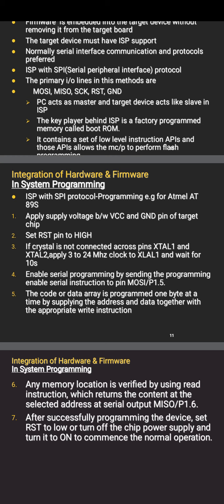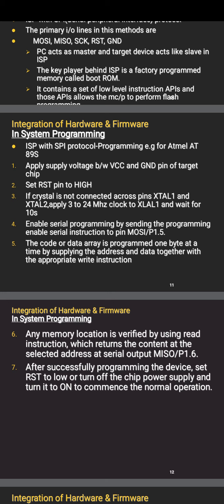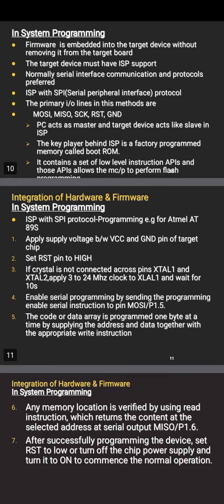That is the main thing. Then only will the device communicate with the external host. After the complete data is transferred between the master and the slave, it is reconfigured to normal mode and tested with the requirements. This is in-system programming.